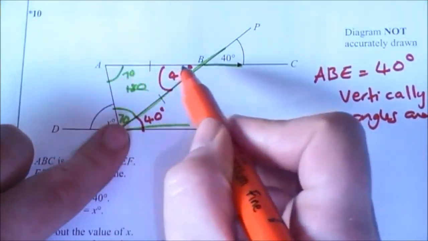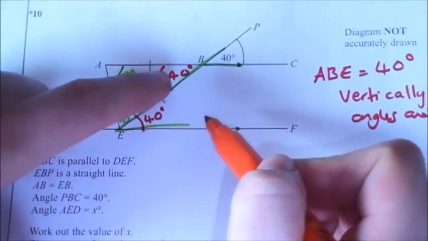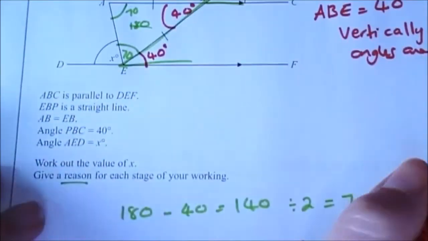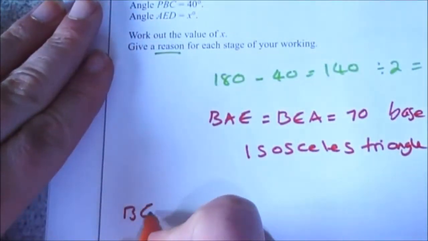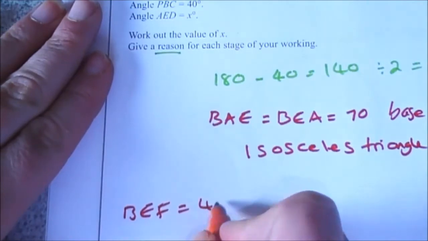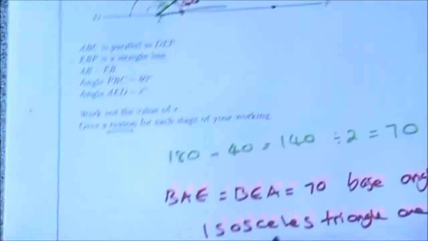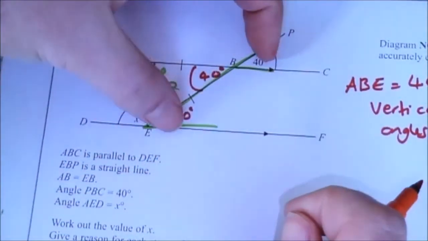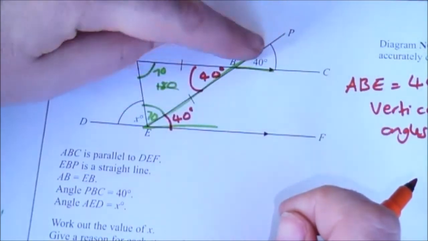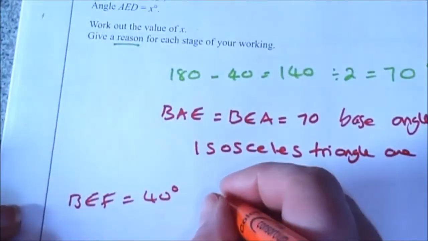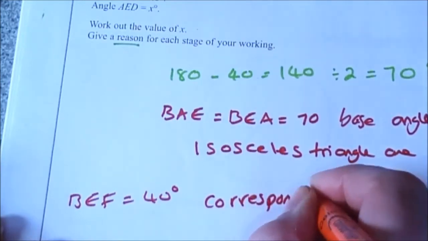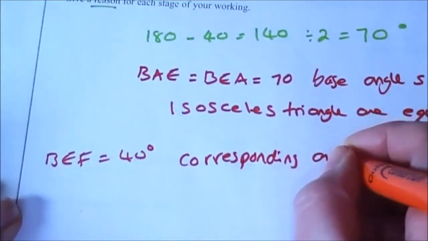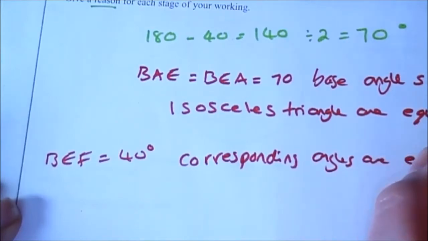You could also have said it's because it makes a Z with that angle. So I know that angle BEF is equal to 40 degrees. And the reason I chose is because it's corresponding with that angle there. So I'm going to write corresponding angles are equal.